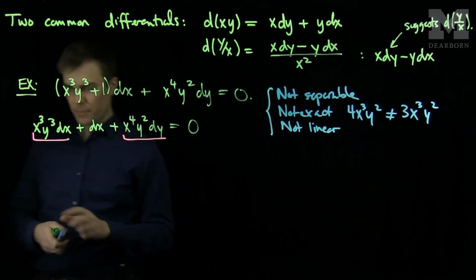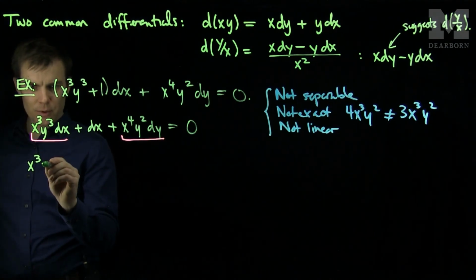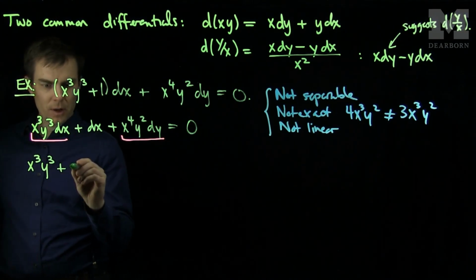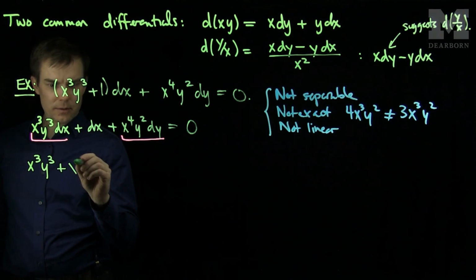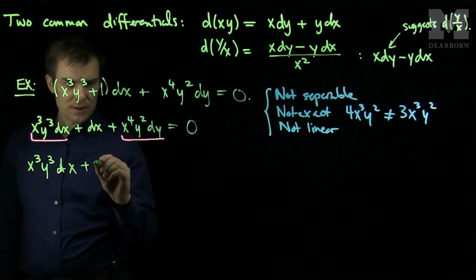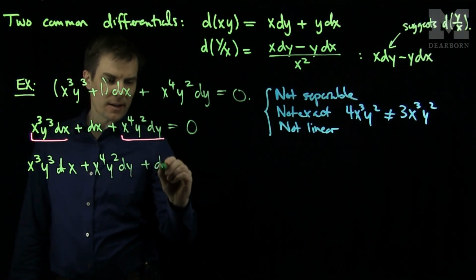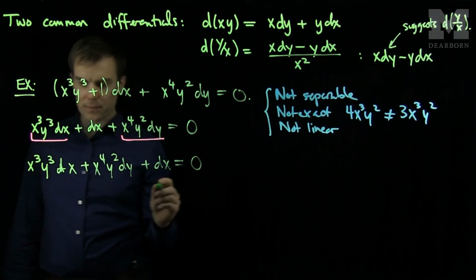If we do this, we will have x cubed y cubed plus x to the fourth, and these are the dx terms, plus x to the fourth y squared dy, and leave that solitary dx by itself.